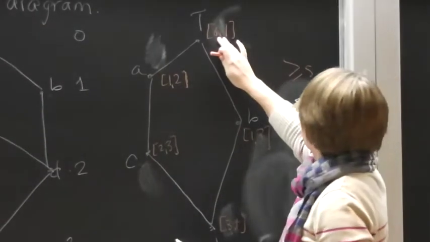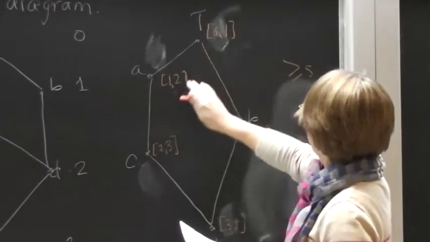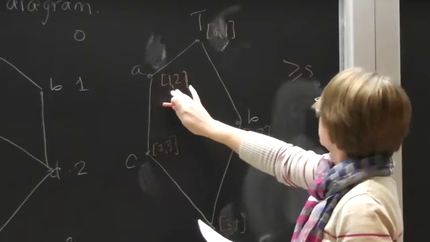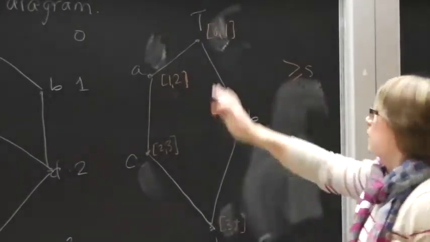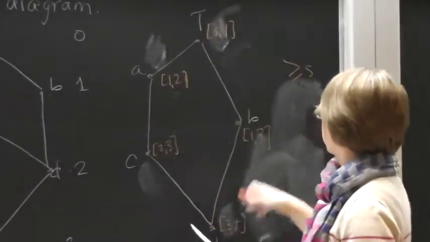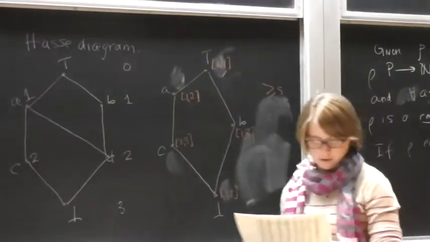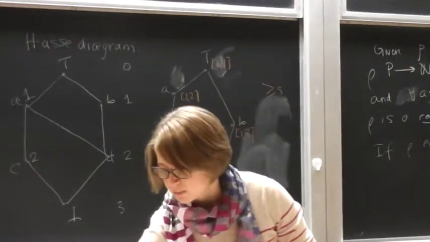So 0, 1 is less than 1, 2 in the strong order, and because we're looking at the reverse of it, we're increasing as we go down, and so all of these relations are true in the strong order. We could do a subset one as well.